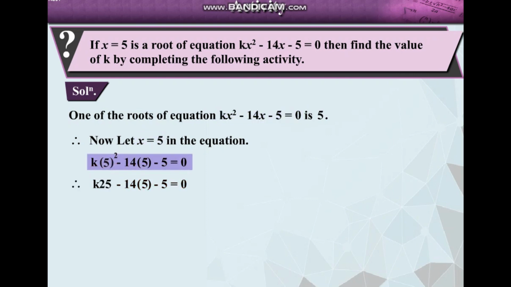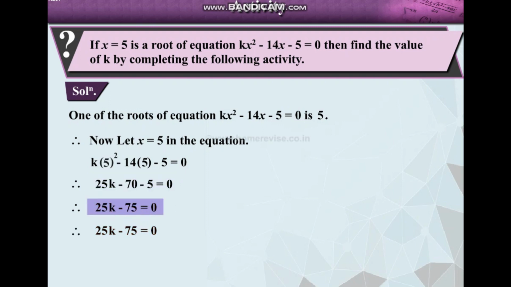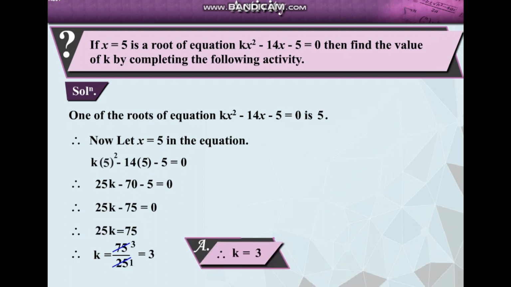Therefore, 25k − 70 − 5 = 0. Therefore, 25k − 75 = 0. Therefore, 25k = 75. Therefore, k = 75/25 = 3.